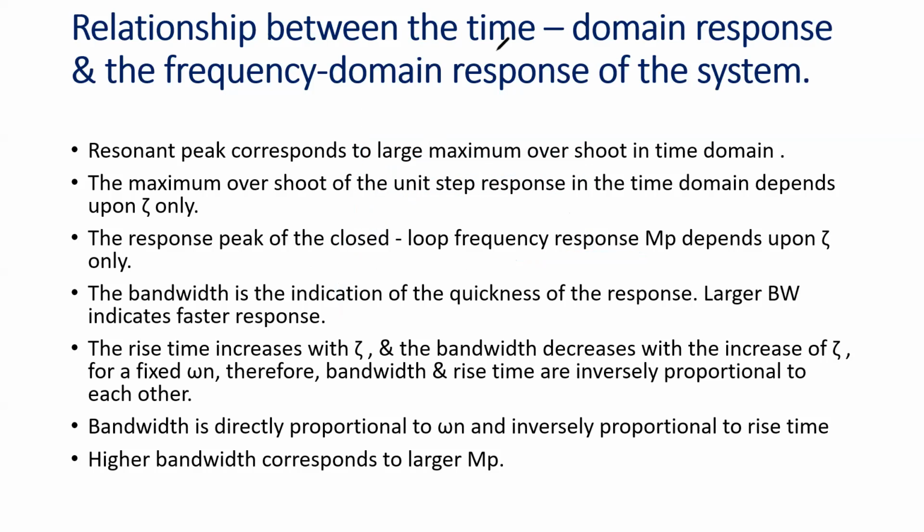Okay, then rise time increases with zeta and the bandwidth decreases with increase in zeta. Why? Rise time increasing means the response is slower. If TR increases, what does it mean?